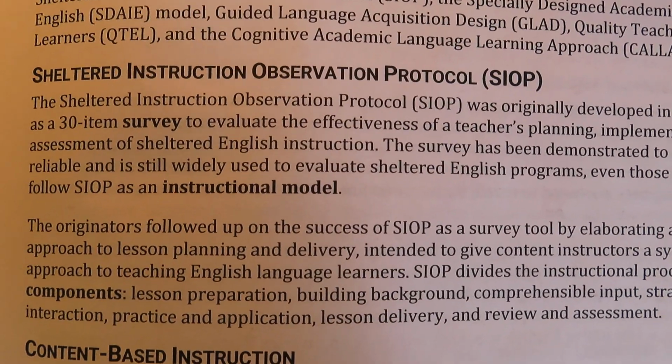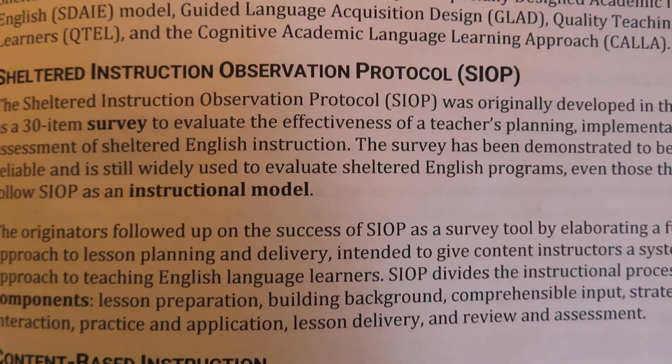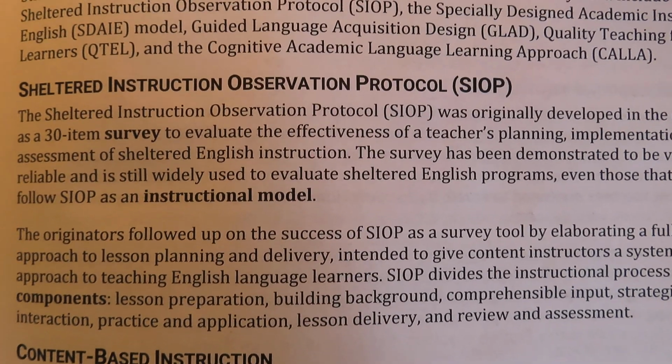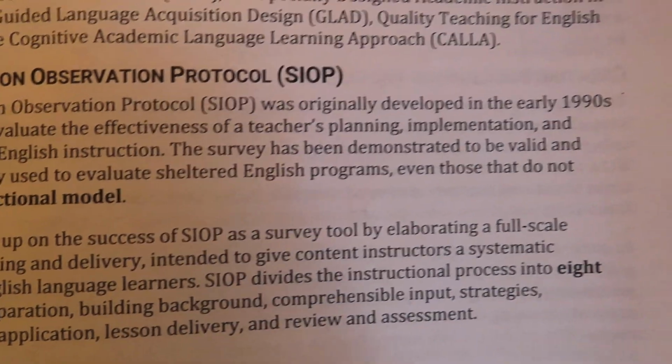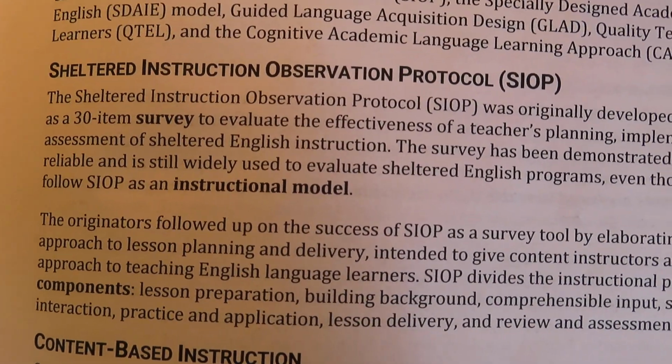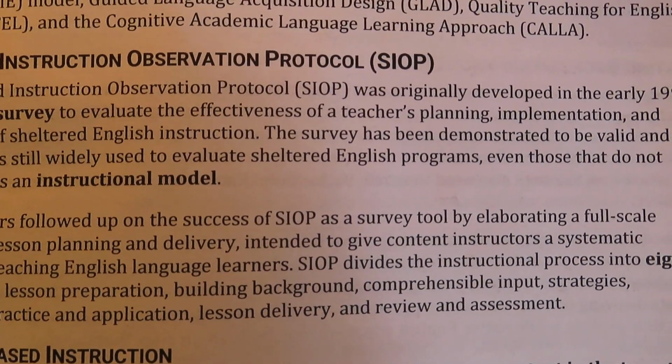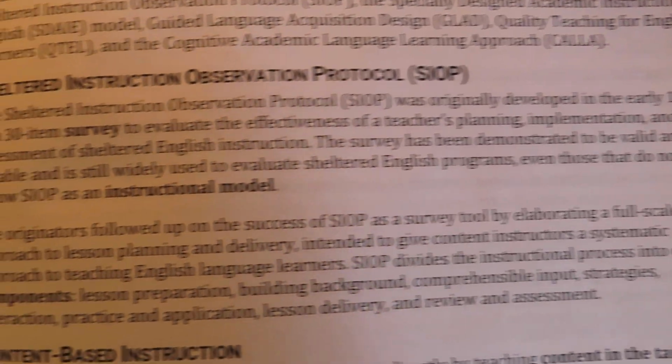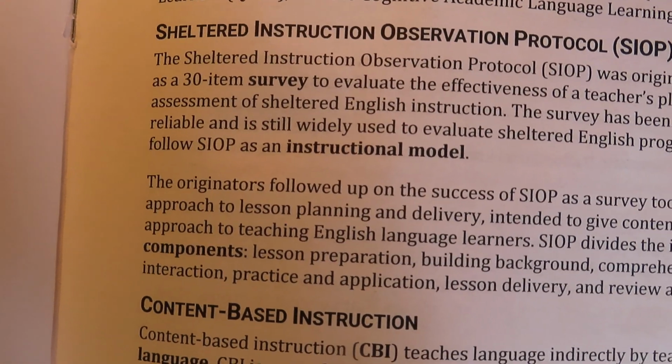So it sounds like it started off as a checklist for observers of lessons. The survey has been demonstrated to be valid and reliable and is still widely used to evaluate sheltered instruction programs, even those that do not follow SIOP as an instructional model.